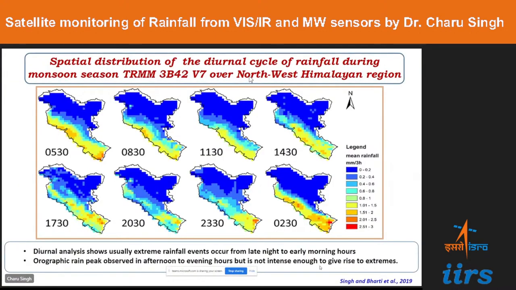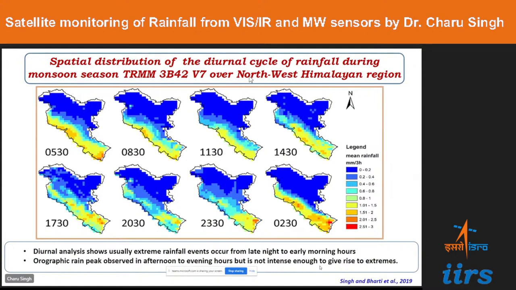Now the next variability, that is the diurnal variability. Diurnal variability can also be monitored using satellite data sets, which is not possible in the case of rain gauge data sets, because from the rain gauges we get the data at every 24 hours. So we get daily rainfall data from the rain gauges.